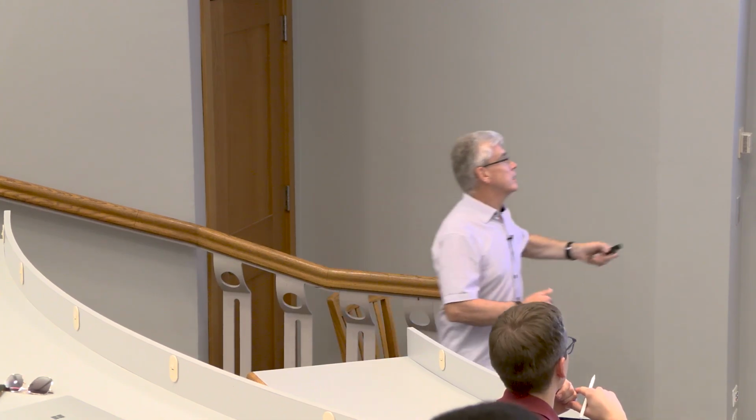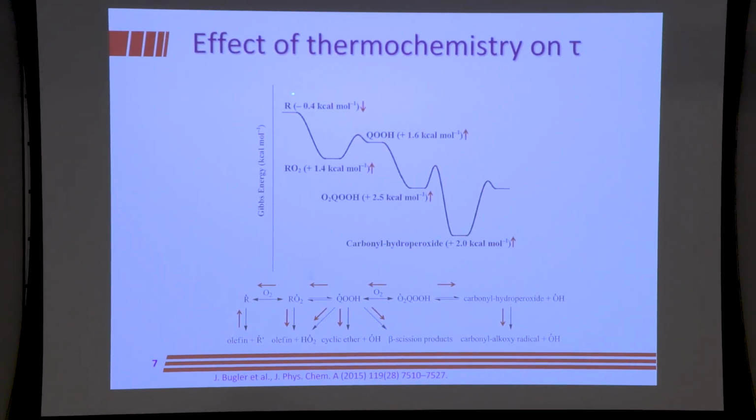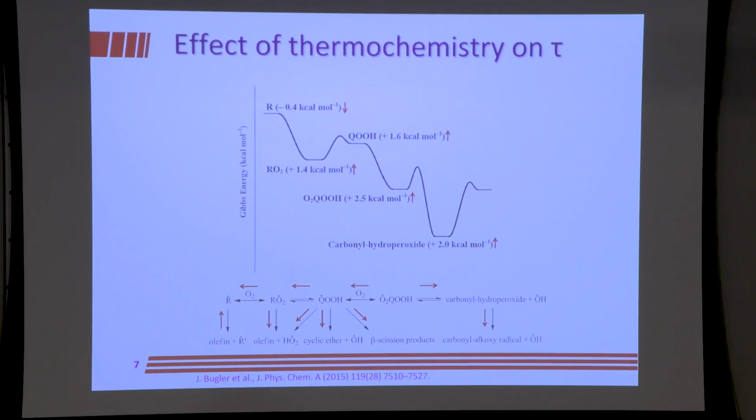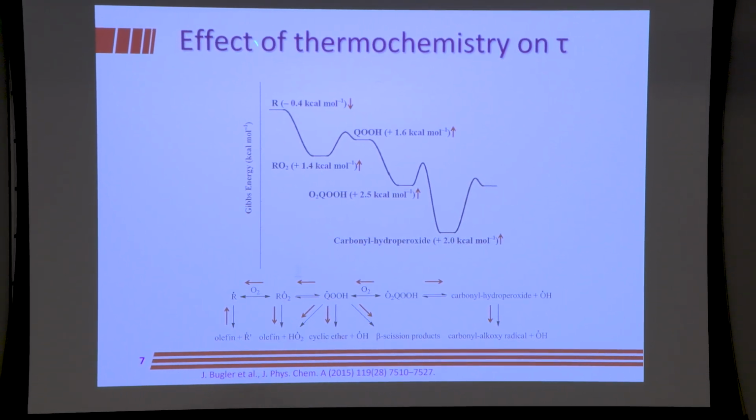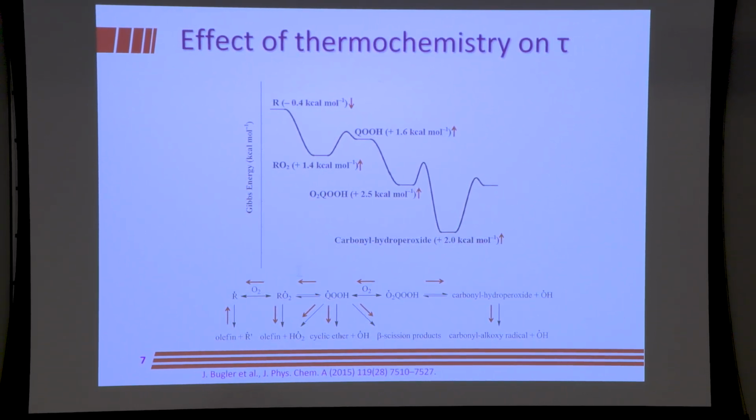Does that make sense? Okay, so picture originally the R is up here, 0.4 kilocalories per mole. The RO2 is down here, 1.4 kilocalories per mole. The difference is going to be 1.8 kilocalories per mole, right? So if I have a reaction then that says R plus O2 gives RO2, right?